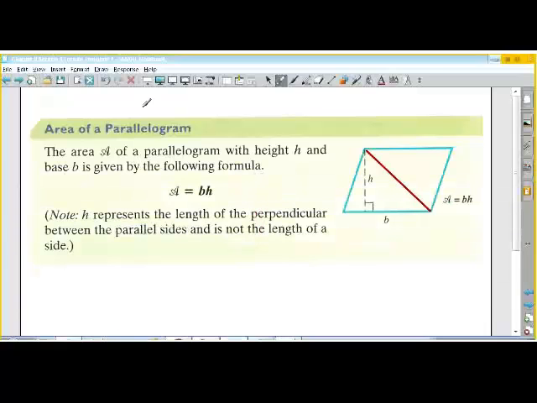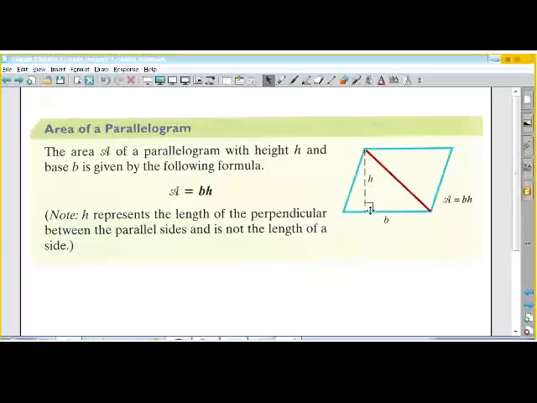Now, if you have a parallelogram, shown by the blue figure, it says that the area of the parallelogram is equal to the length of the base, which in this case is from here to here, times the height.